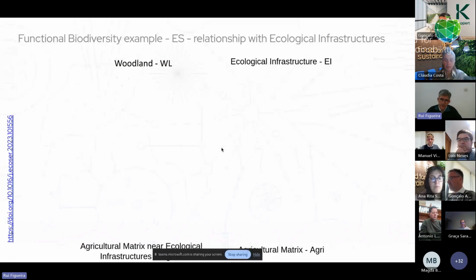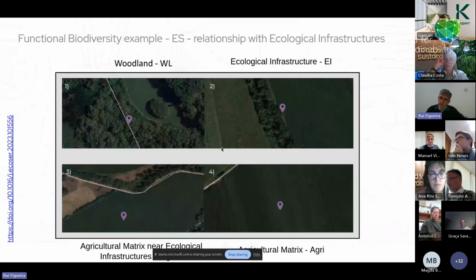So I will start by giving a specific example of a study that we developed in Portugal. It was in the Tagus agriculture valley near Colga, where we were interested to check what is the role that birds can represent in the control of pests in crops.